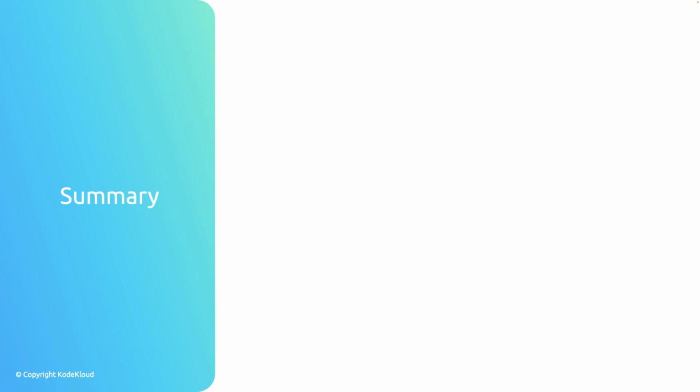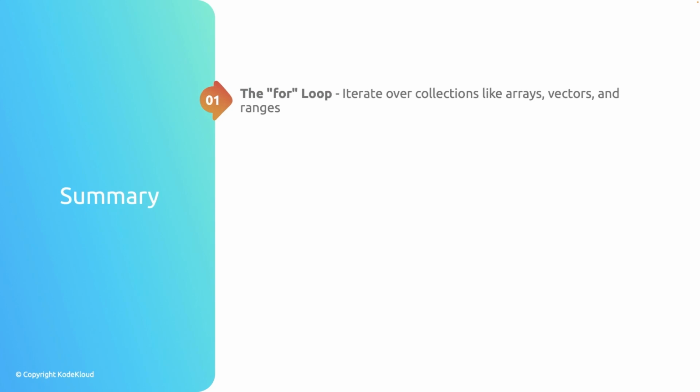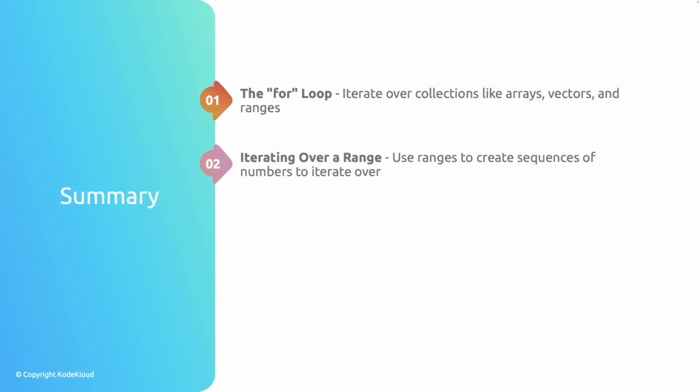So understanding for and while loops in Rust provides you with powerful tools to control the flow of your programs and process collections of data efficiently. Here's a summary of what we've covered. First up, we have the for loop, which is used to iterate over a collection like arrays, vectors, and ranges. You can also iterate over a range, so you can use ranges to create sequences of numbers to iterate over.